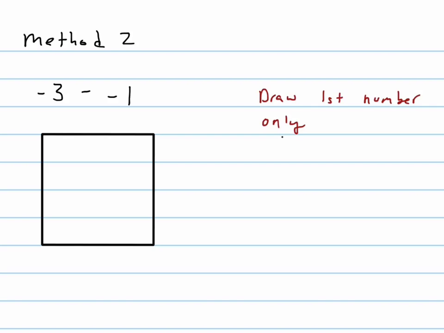Okay, that's step 1. So, first number is negative 3. So I go 1, 2, 3. So I've drawn negative 3 right here. Alright? So, now, you can add 0 to anything, okay? Anything. So, I'm going to put in a 0 so you can see.